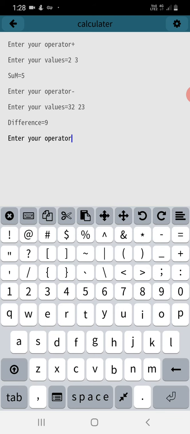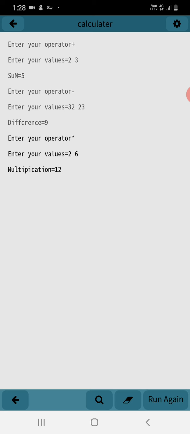Enter your operator now. Next, multiplication. Enter your values, 2 space 6, that should be multiplication, 2 into 6 is 12, so we have gotten it.